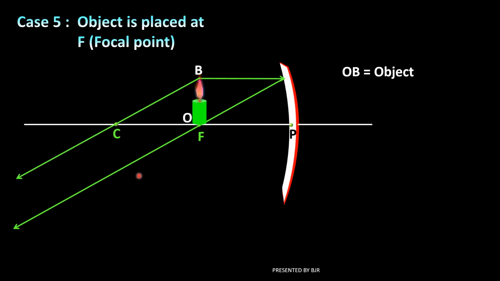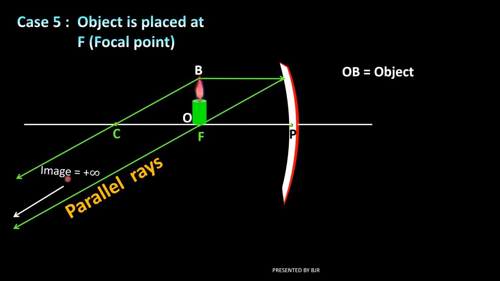These two reflected rays, this is the first reflected ray and this one is the second reflected ray. These two reflected rays are parallel rays. So this is the ray 2. Okay, and these two are the parallel rays. Parallel rays are supposed to meet at infinity, hence image may be formed at infinity.